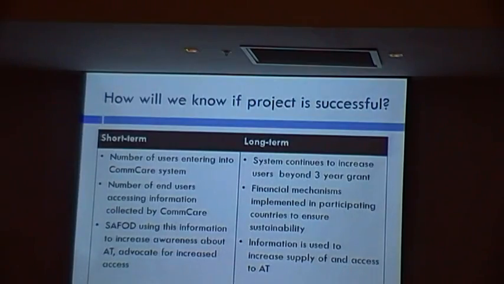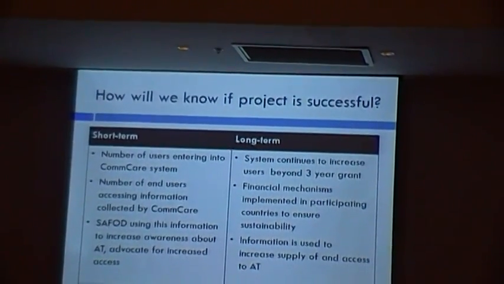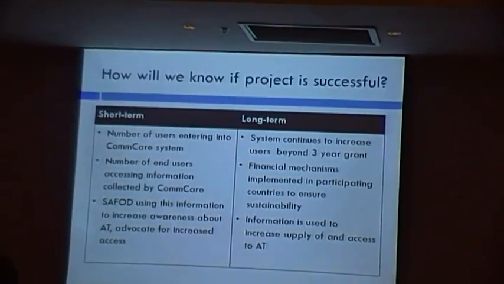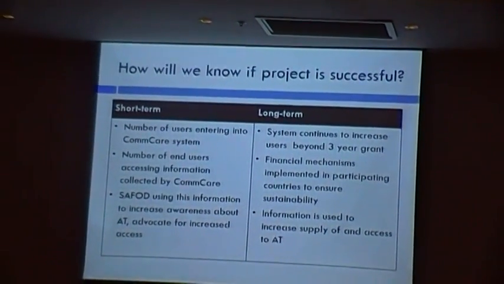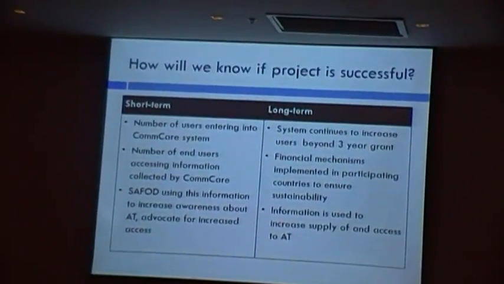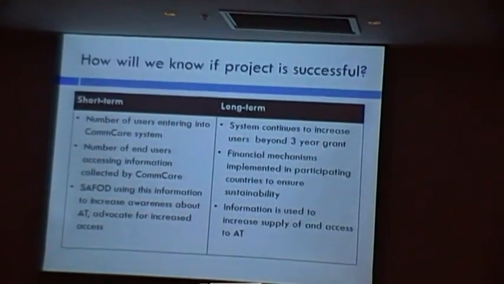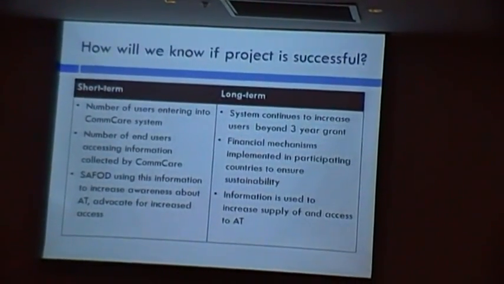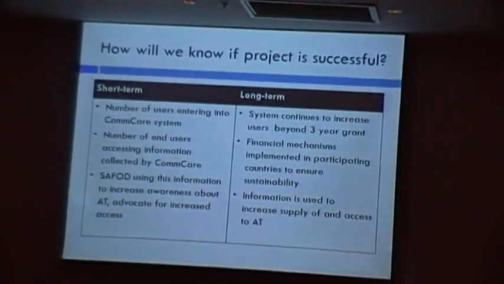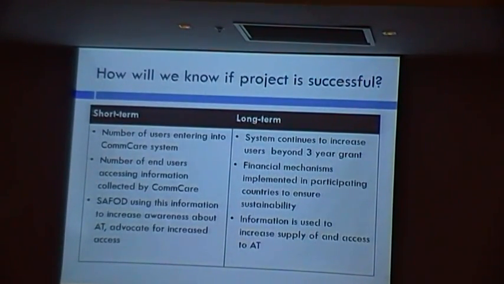And then the other question is, how will we know if the project is successful? In terms of short term, we will know if the project is successful based on the number of users entering into the ComCare system, how many users will be motivated. I mentioned the motivation to enter data into the system.